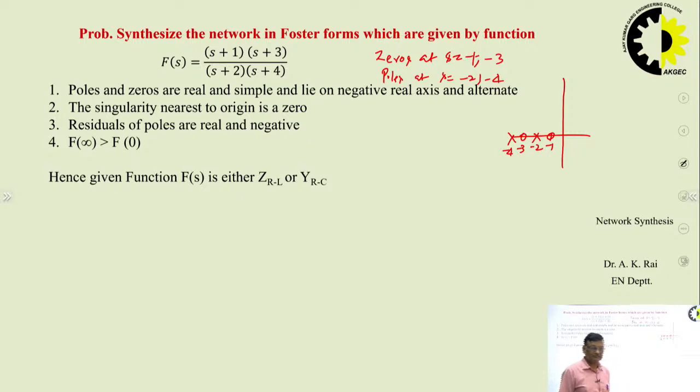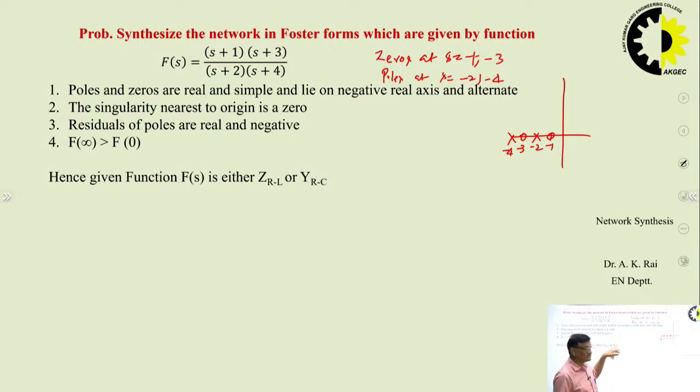Some group of students will make the Foster first of ZRL, and by inverting this function to make it an admittance, they can make YRL. So, some group of students make the Foster forms of the RL network. Some will make the Foster second of RC. Suppose this is the admittance, so they can make the Foster second.